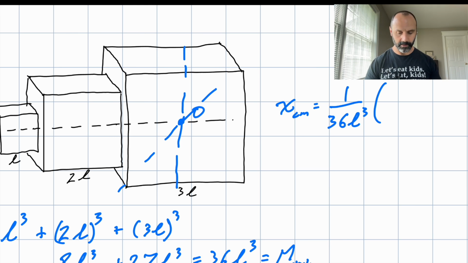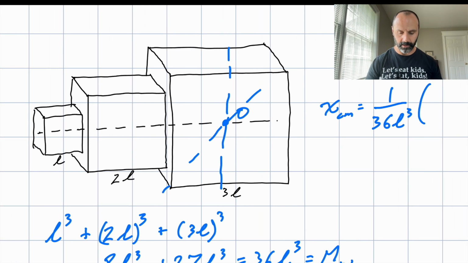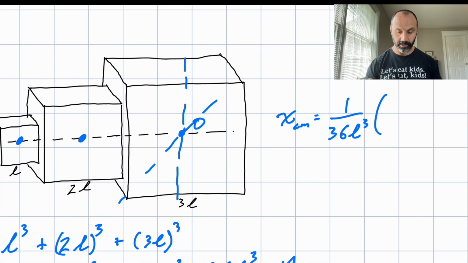And I'm going to treat the left as the positive direction. And so here's the center of this cube, and here's the center of this cube. I just have to find out those coordinates. So how far away are these? The coordinate of the center of the big cube is just 0. That's the origin.